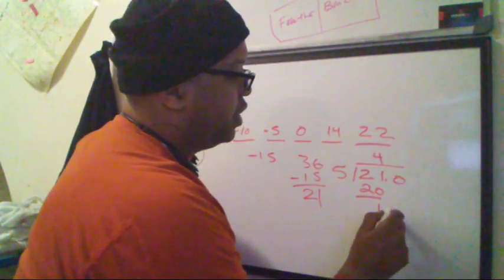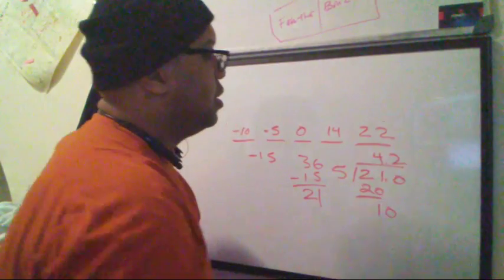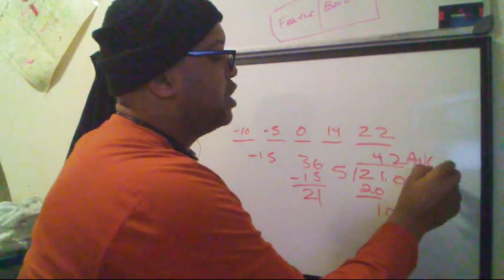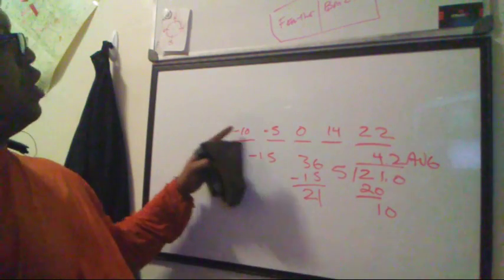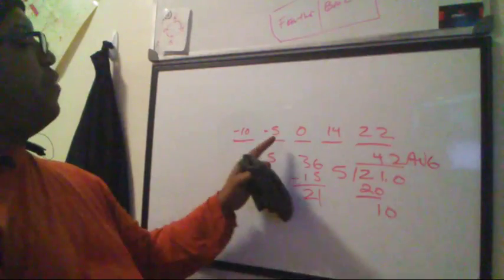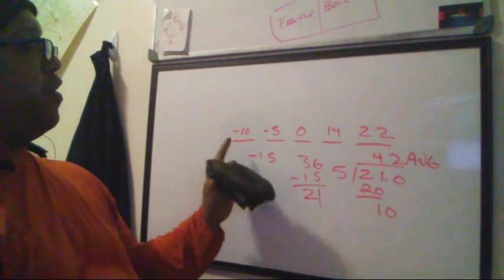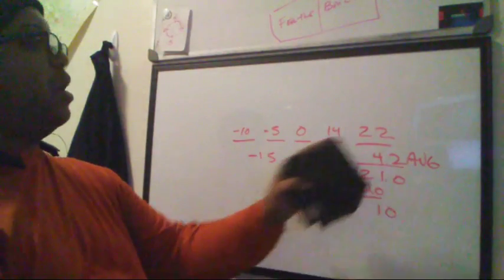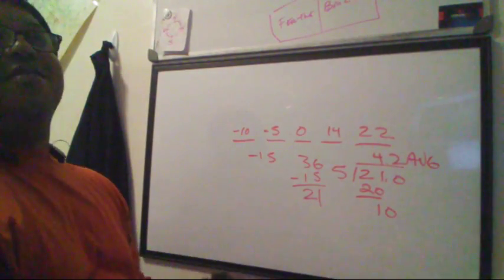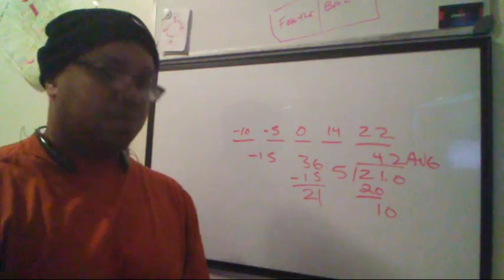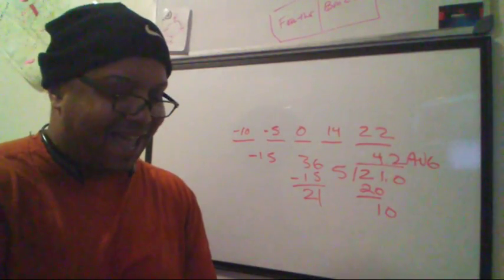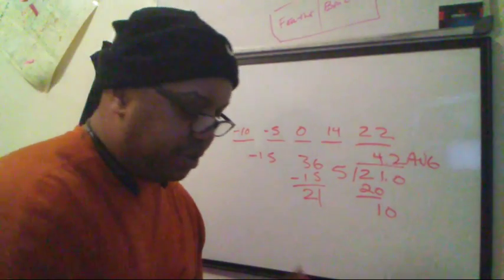It's like 4.2. So 4.2 is the average temperature of all these temperature readings. So even if you have negative numbers, you add them like you normally would, and then you divide by the number of numbers in the set. I've been getting a lot of questions with that.